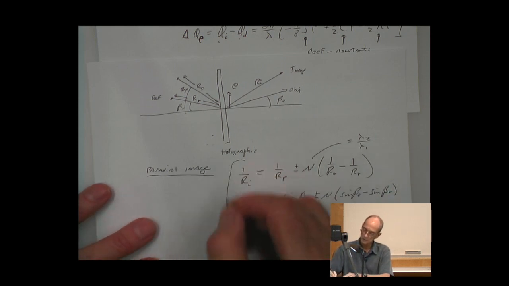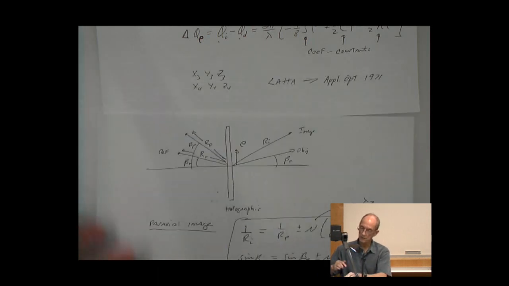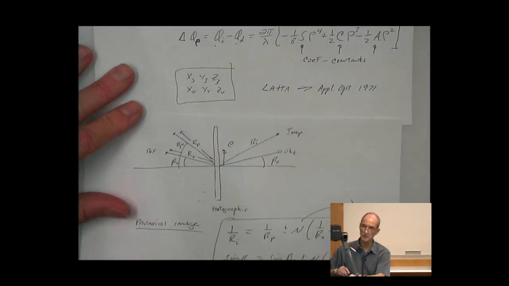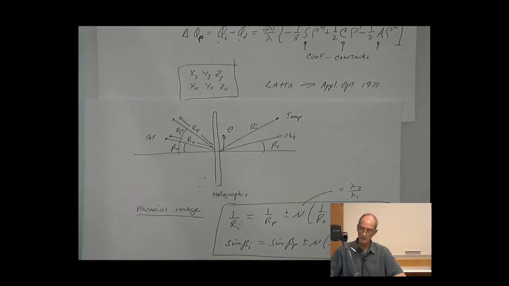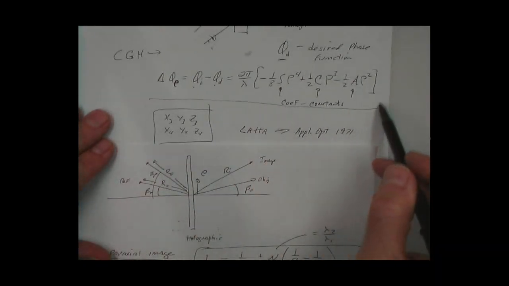All right, so this is an alternative set of relations that you can use instead of the Cartesian coordinate system that we had in our previous discussion for the paraxial image locations. Now we have this aberration function, which again describes what we need to produce to pre-aberrate the hologram to get this desired phase function.